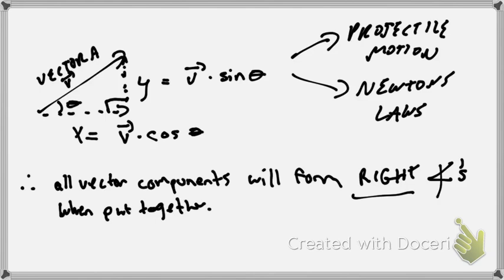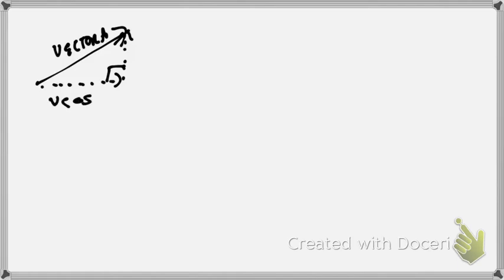If the vector looked like this, vector A, there's a component going this way and a component going this way, so a right angle is formed. This is the x, so v times cosine of theta, and you have a y-axis, v sine theta.